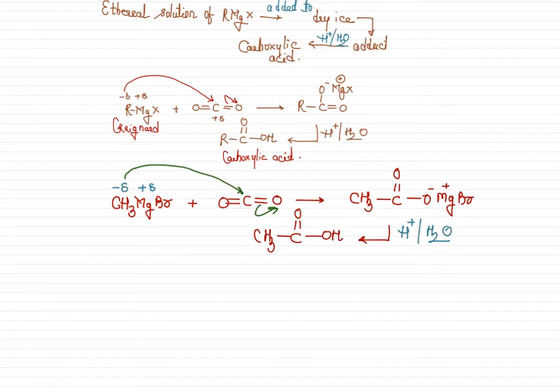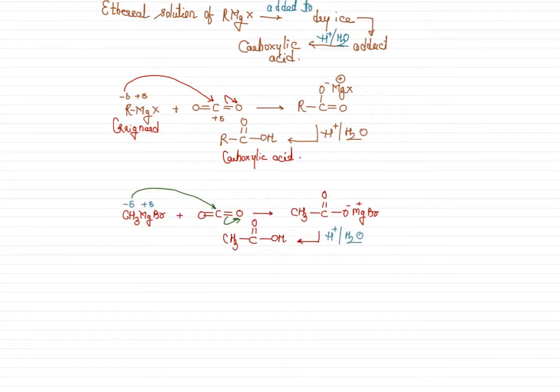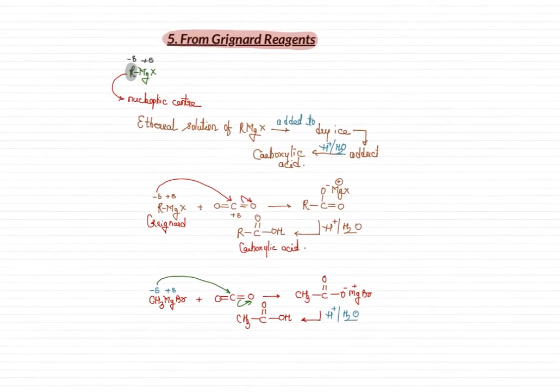So this is pretty simple and not at all difficult. I took a specific example. You can also take up this specific example, and this is how it goes, right? So we've done the fifth preparative method. This is from Grignard reagent, right?